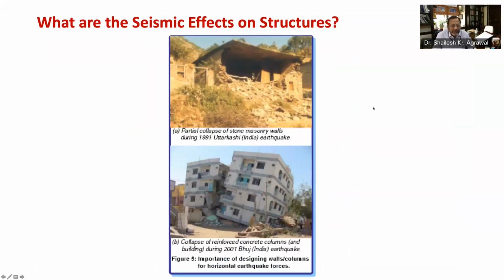Let's have a look at this figure, which shows in the top failure of a masonry wall during earthquake due to inadequate thickness of that wall, whereas the bottom figure shows poorly designed and constructed reinforced concrete columns can also be disastrous. The failure of ground story columns resulted in numerous building collapses during the 2001 Bhuj, India earthquake.